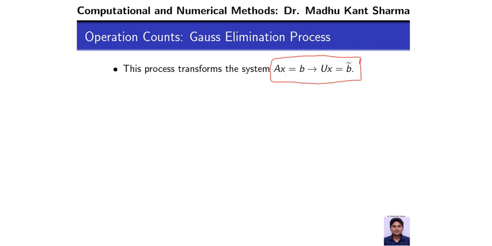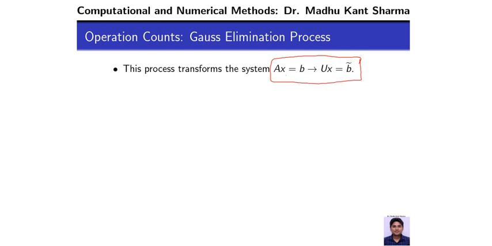and parallelly the constant vector is also perturbed to b tilde. We have also mentioned that in linear algebra we studied elementary row transformations: if you use those transformations, you will not lose the solution.